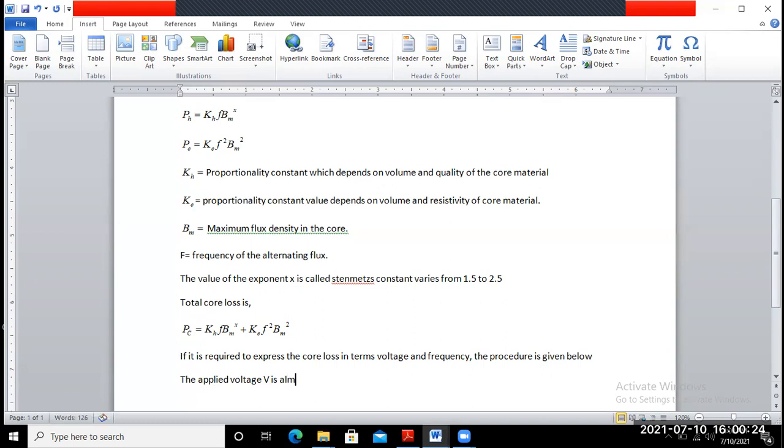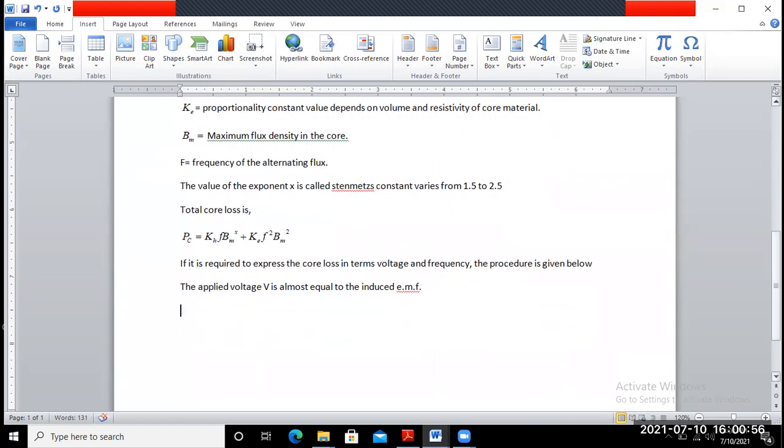Do you remember the equation for the induced EMF in a transformer? V equals 4.44 times frequency f, times number of turns, times flux.